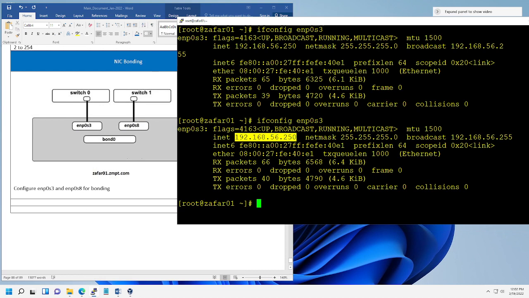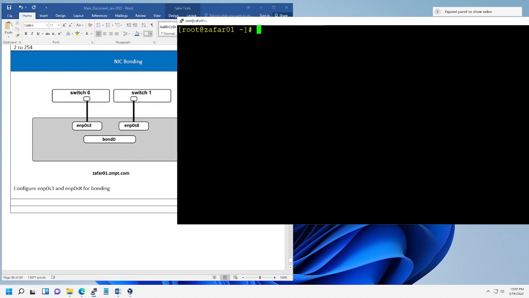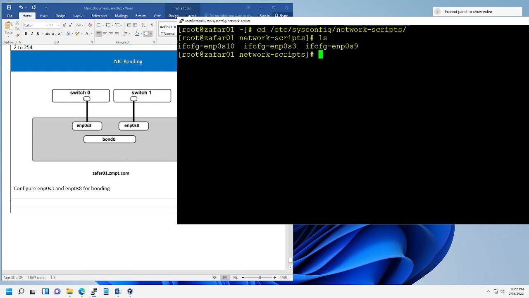So we'll go back to the network interface configuration folder. cd /etc/sysconfig/network-scripts. Okay, I'll do ls here. Okay, over here we have ENP0S10.